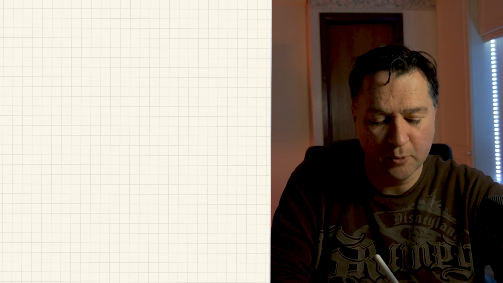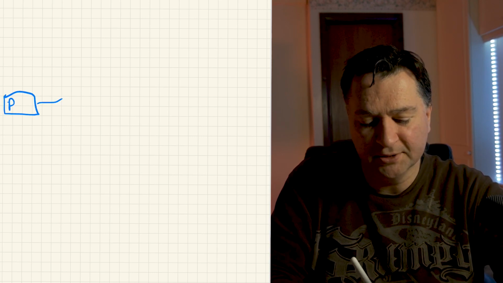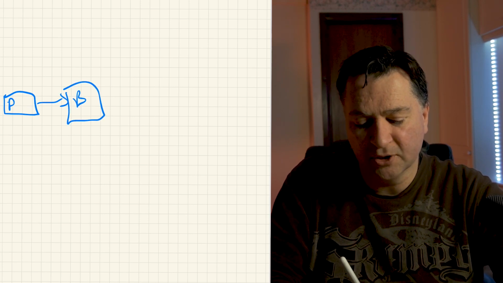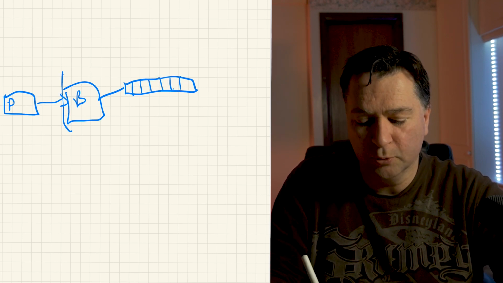If you remember, we have a producer, which we'll call P, and that is going to be writing to the broker, which is B, and the broker is going to write to the topic partition. We will draw that here.